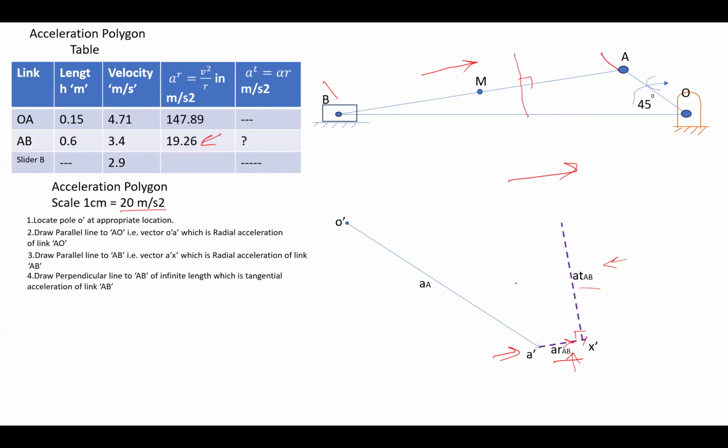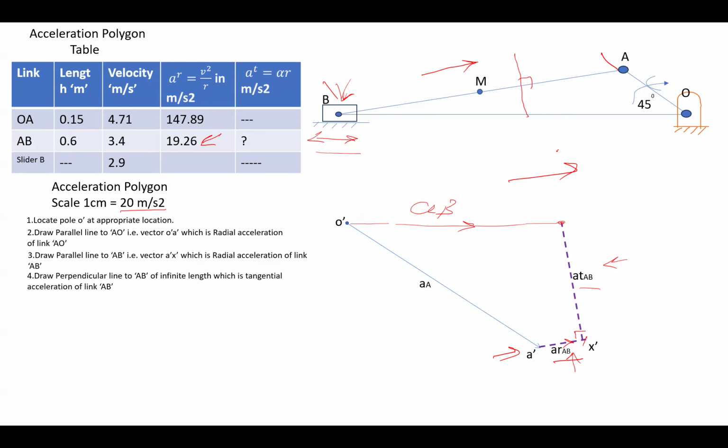After drawing this, comes link B, the slider. The slider acceleration is a line drawn parallel to the line of stroke of the slider. The line of stroke of the slider is horizontal. Draw one line from O dash that will cut this perpendicular component, and this will be the acceleration of slider B, right?